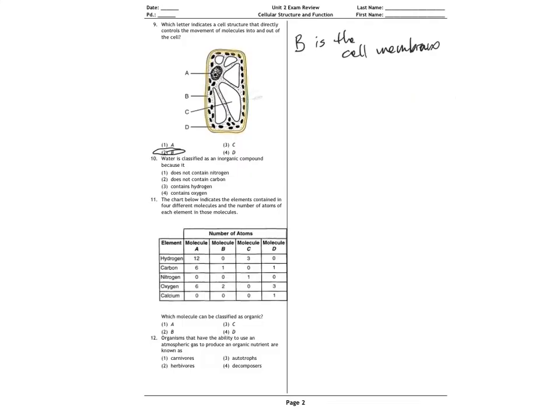For number 10, we can use the same logic as before. Inorganic compounds do not contain both carbon and hydrogen. And specifically in this case, water's formula is H2O. So while it does contain the hydrogen, it does not contain the carbon. And therefore, the correct answer for number 10 is choice 2.